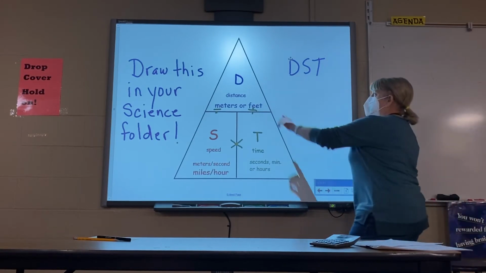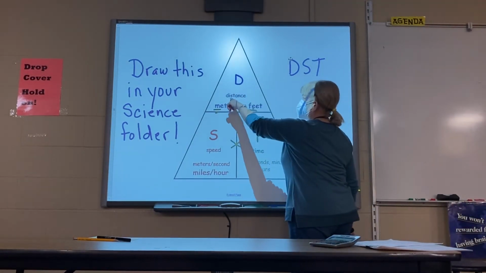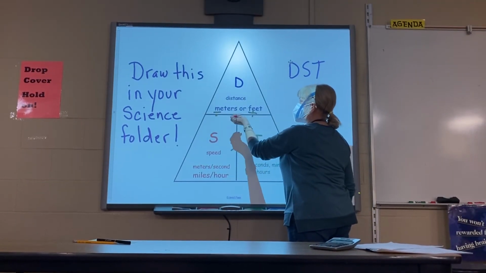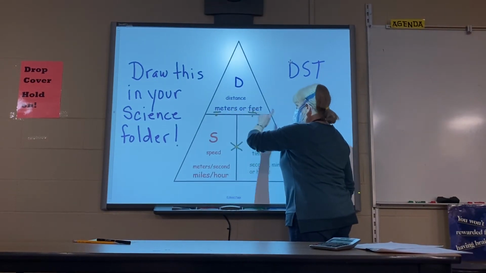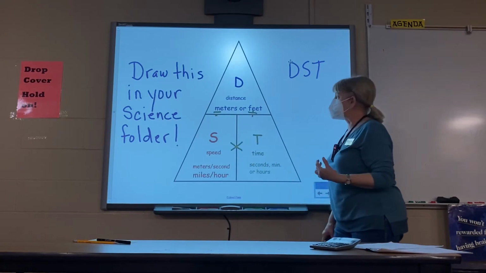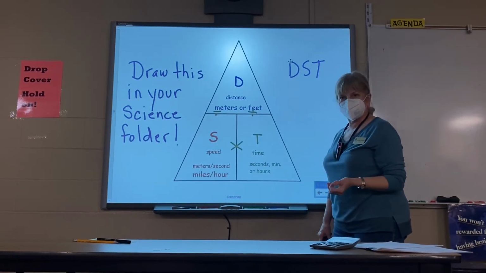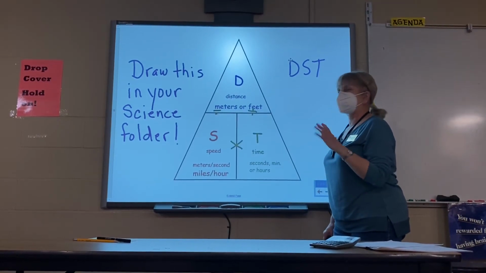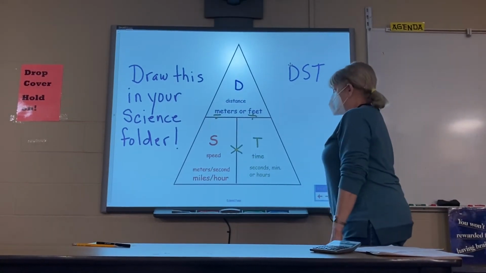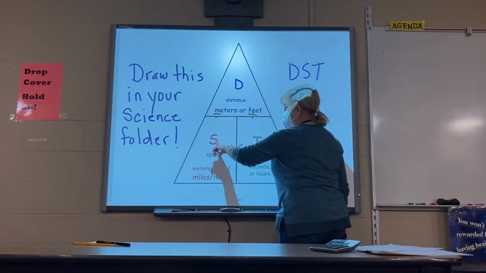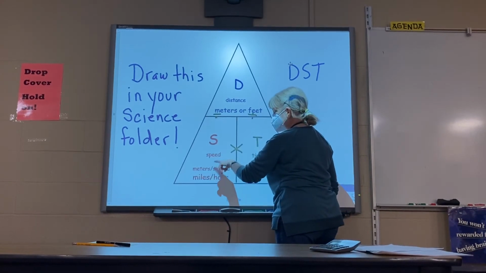Then, I have listed what the D stands for, distance. I've also listed how we measure distance, meters or feet, or we might do miles. There's going to be numerous distance units that we can use. And then the S stands for speed.